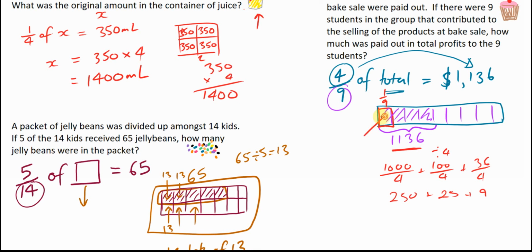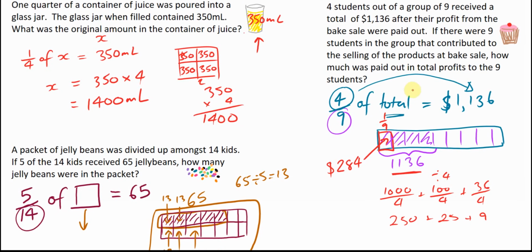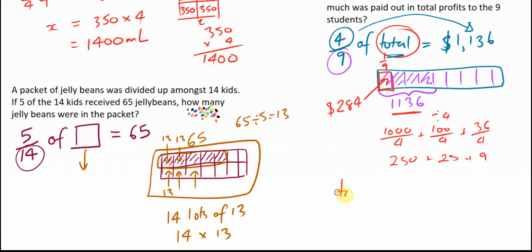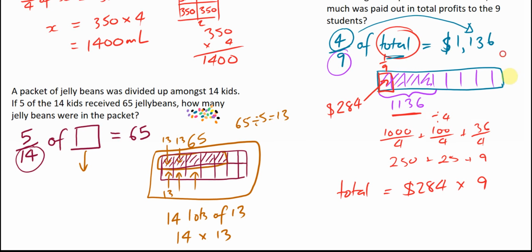So each of these is worth $284, which means that the total amount is equal to $284 times 9, which you can easily work out.